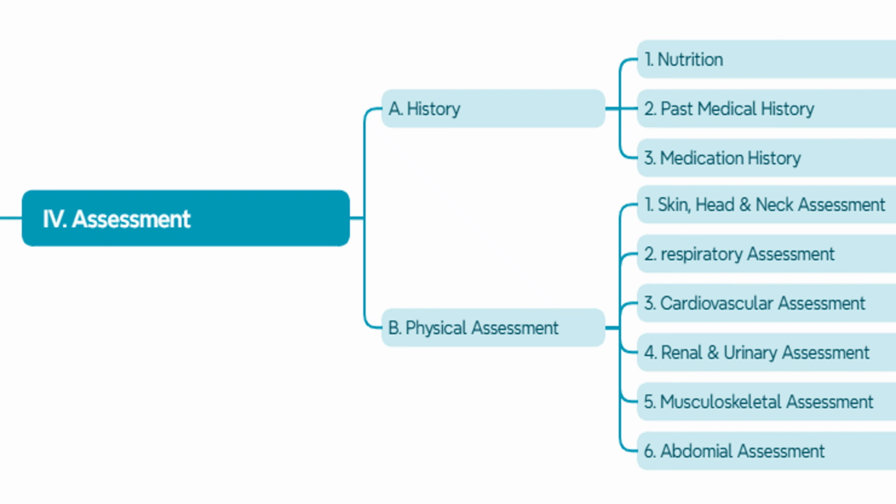For physical assessment, we have a head-to-toe assessment. For the skin, head, and neck, we check the skin for pallor, jaundice, petechiae, ecchymosis. On the face, any conjunctival pallor or glossitis, which come up more with anemia. Then for cardio and respiratory, we have tachycardia and orthostatic hypotension, like with anemia.